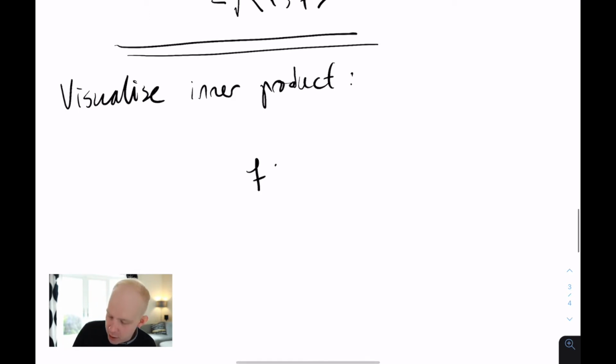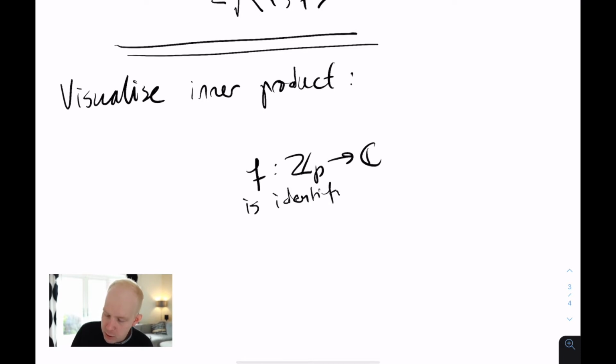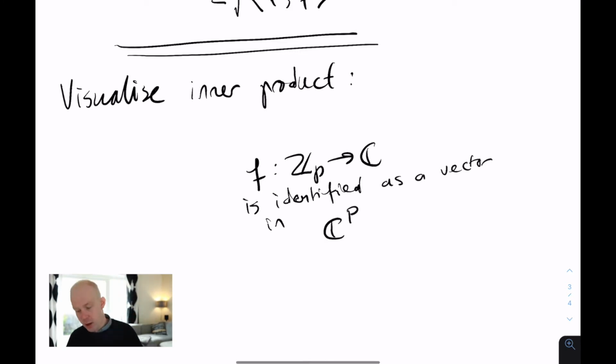If you think about this function f from Z_p to C, it is identified with a vector in C to the power p, because for every point in the group you are associating a complex number.